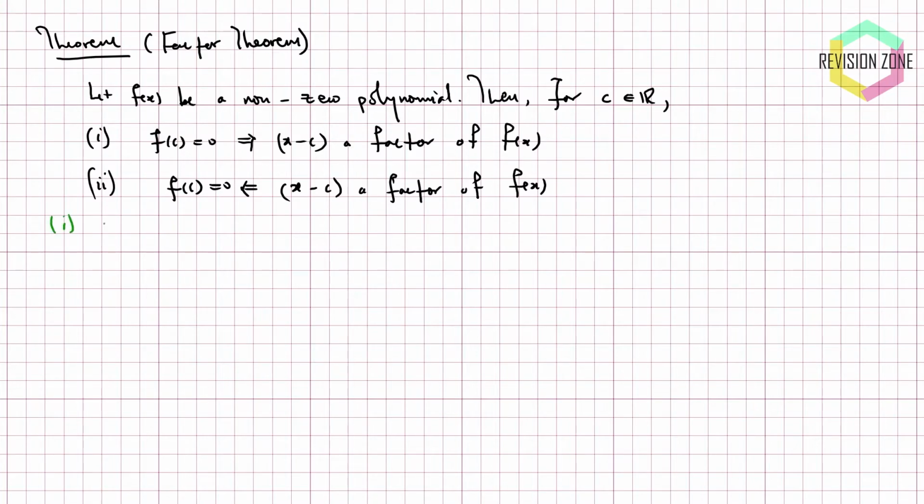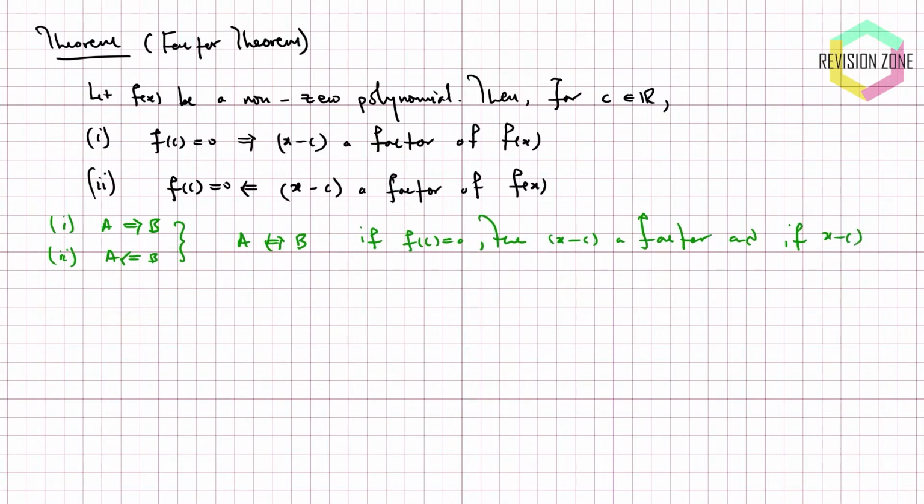Statement 1 is saying something like A implies B, and statement 2 is saying something like B implies A. So what these two statements together mean is that A is exactly the same thing as B. In other words, if f of c equals 0, then x minus c is a factor, and if x minus c is a factor, then f of c equals 0. That's the complete statement of the factor theorem.